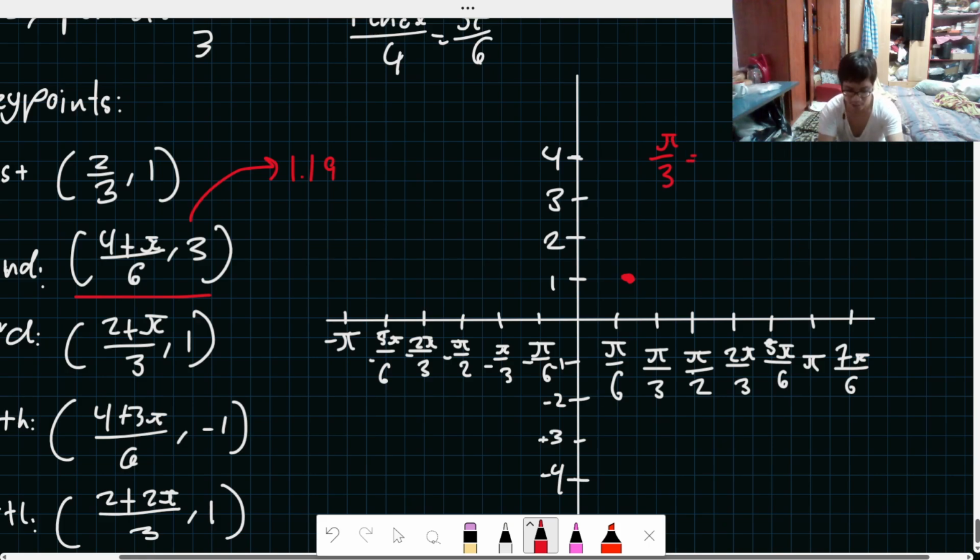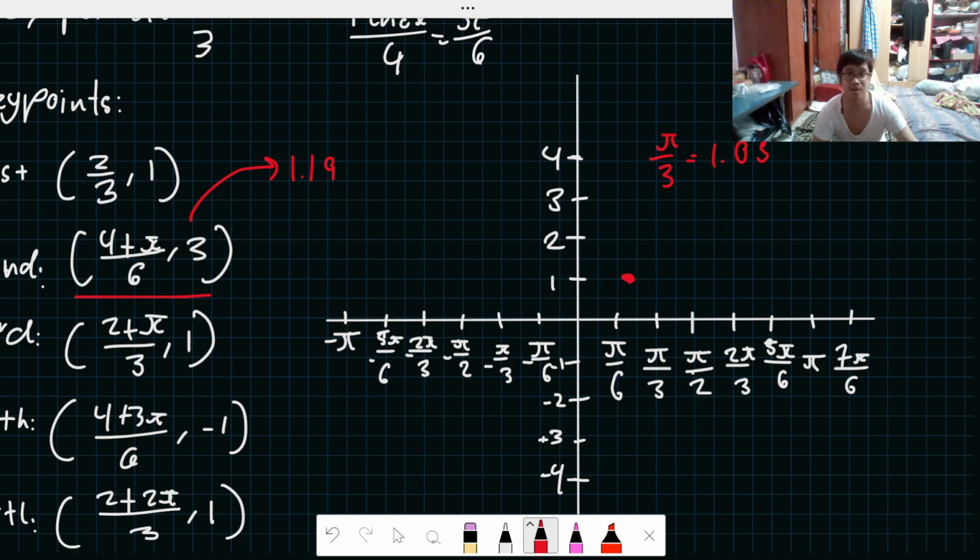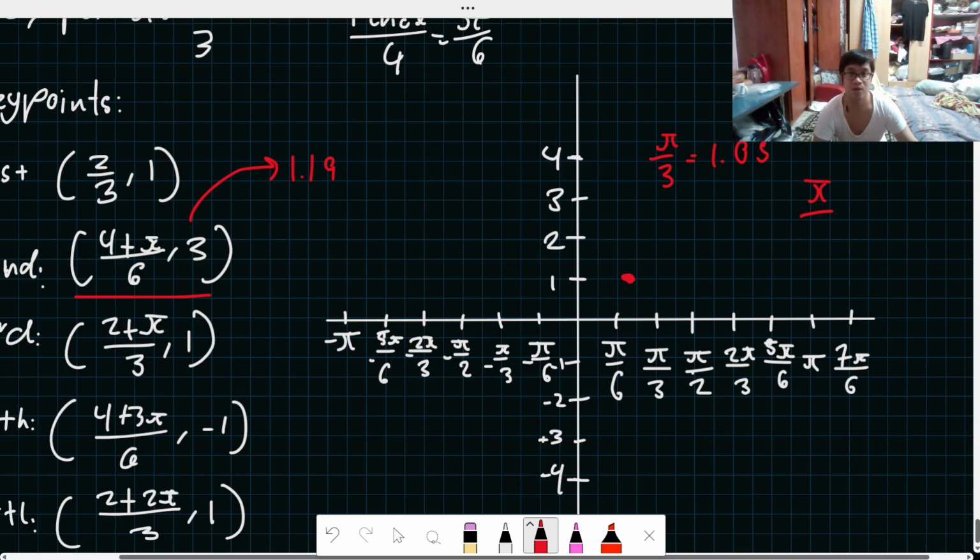Wait, what's pi all over 3 again? Sorry. Pi all over 3 is 1.05. Then I believe that pi all over 2 is greater than that, because pi all over 2 is 1.57.